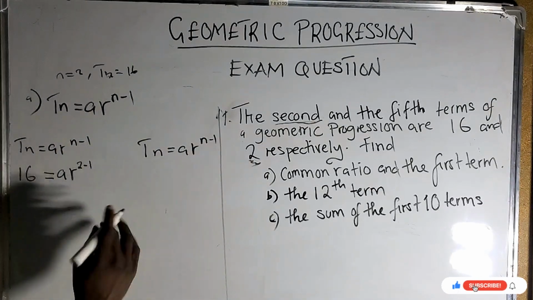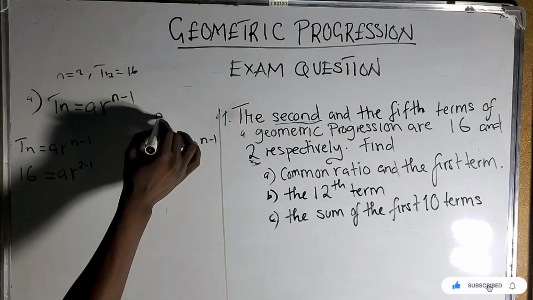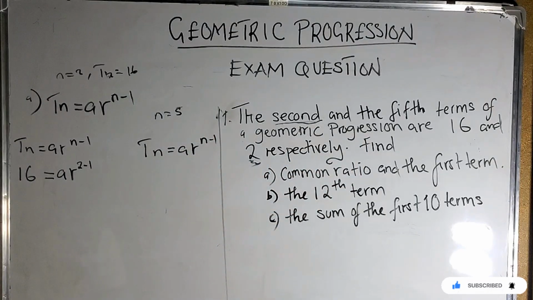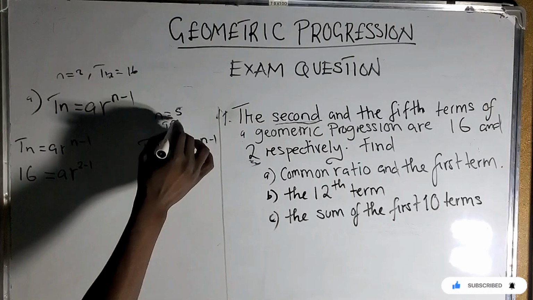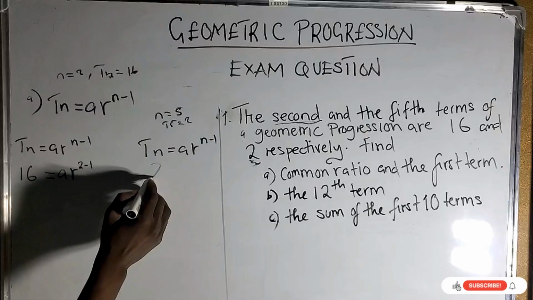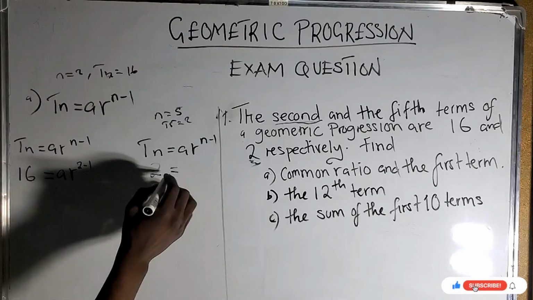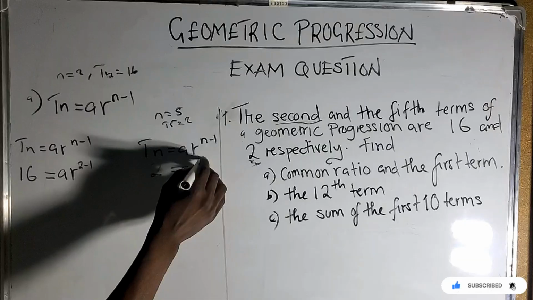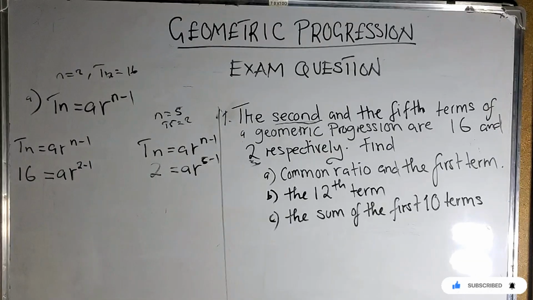You do the same on this side. Here n is 5, so T5 is 2. So we substitute: 2 equals a r to the power 5 minus 1. As simple as that.